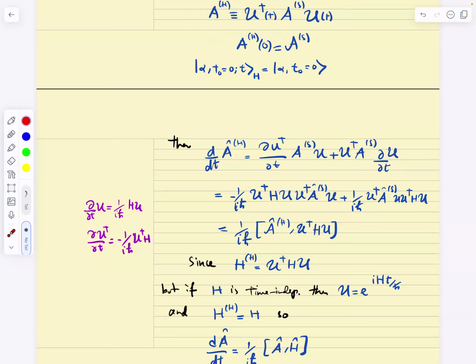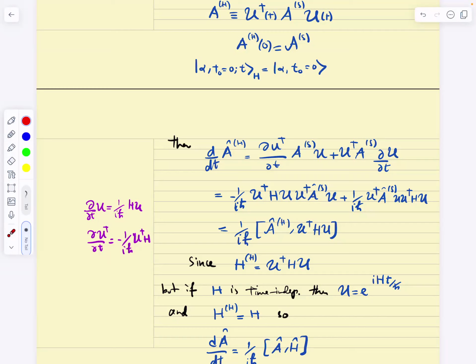When the Hamiltonian is time independent, U is e to the power of iHt over h bar. So I'm dealing with this expression: e to the power of iHt over h bar, H, this is Schrodinger, and this is Heisenberg, e to the power of minus iHt over h bar.